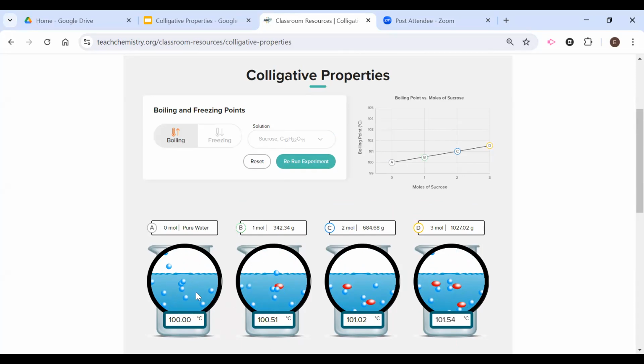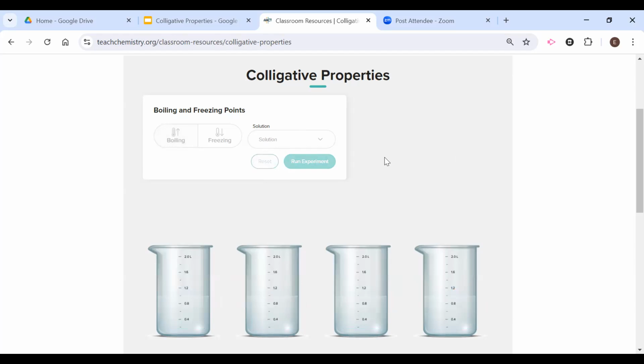This is pure water, no particle, no solute, 100 degrees. You added 1 mole. You see, the more solute, the more the concentration, the more the boiling point increases. Okay? Let me reset and run that again.